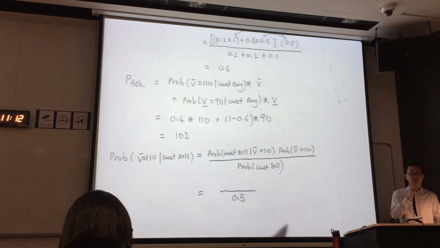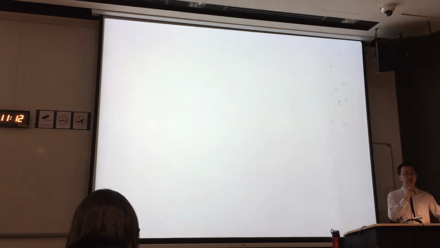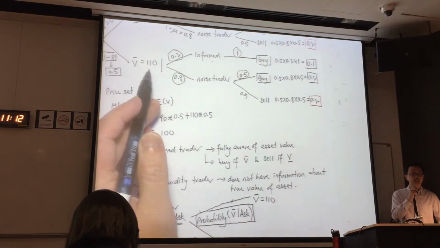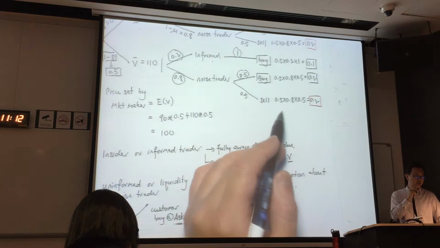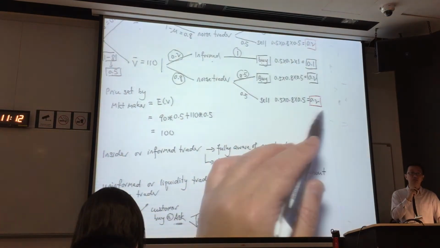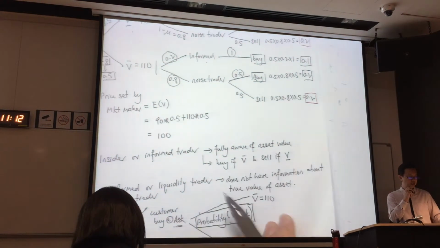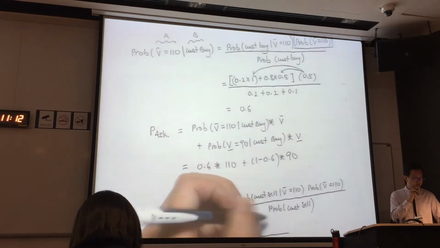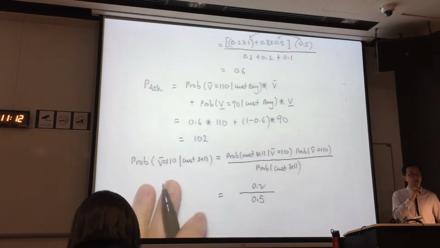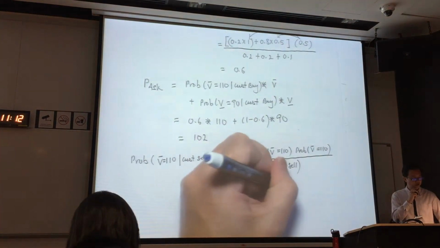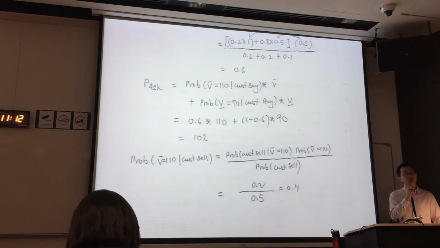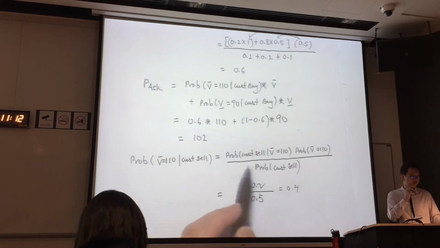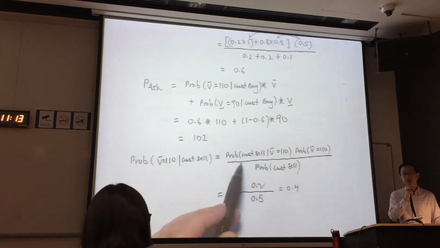But what is the chance of the customer selling when the value is 110? It is only 20%. So you just take 0.2 here, divide by 0.5, and that will give you 0.4. So that's the faster way to get the probability. But if you don't know, then you just follow this Bayes rule accordingly.